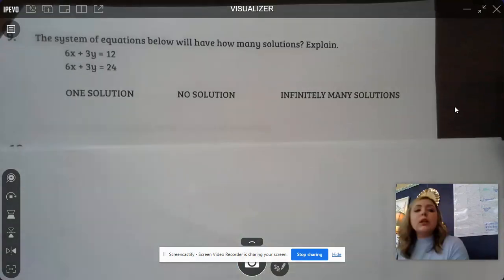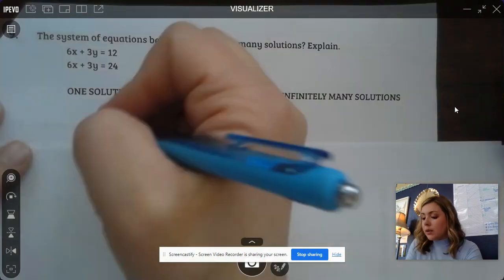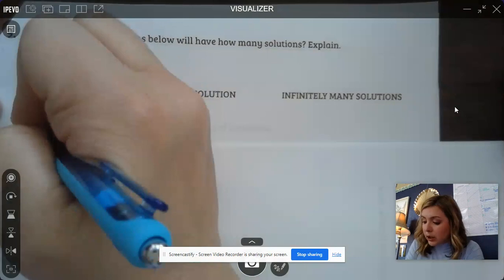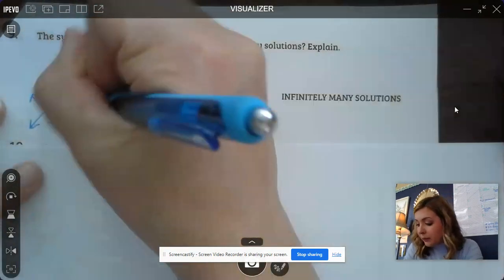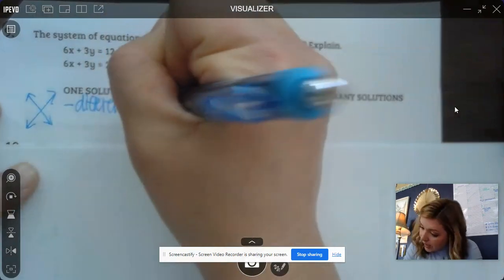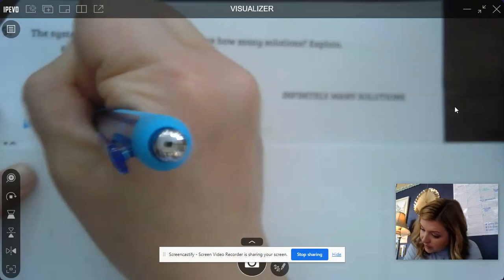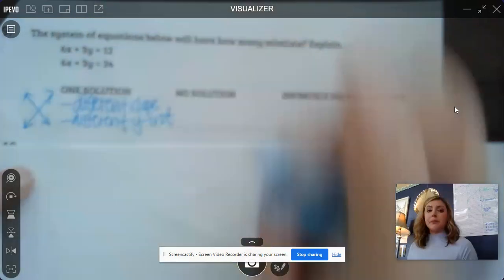So what does it look like when a system has one solution? The 2 lines do what? Cross. Very good. They intersect. So we know that in one solution, those 2 lines will intersect. They will have different slopes and different y-intercepts.